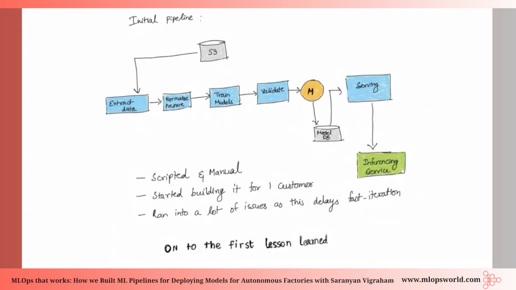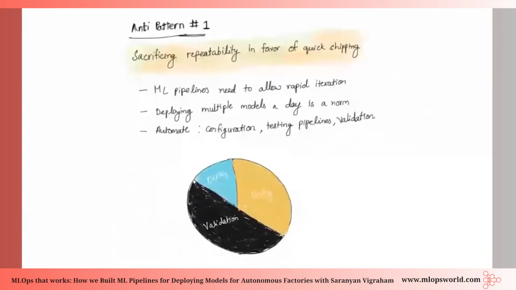When we had the second customer with a slightly different use case, we wanted to deploy 3 models together, 4 models together, A/B test stuff. We realized that we had to build all that stuff. So I feel it is very important, in the initial stages, to think about configuration, testing pipelines, and validation at the minimum.